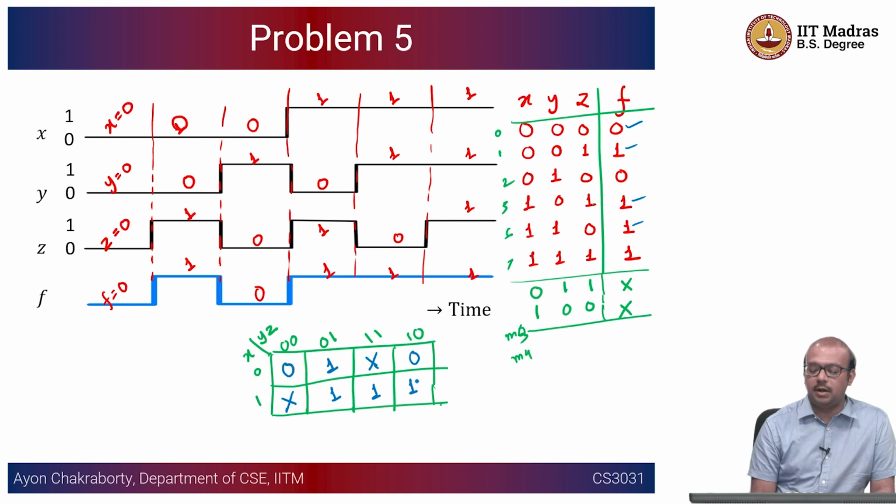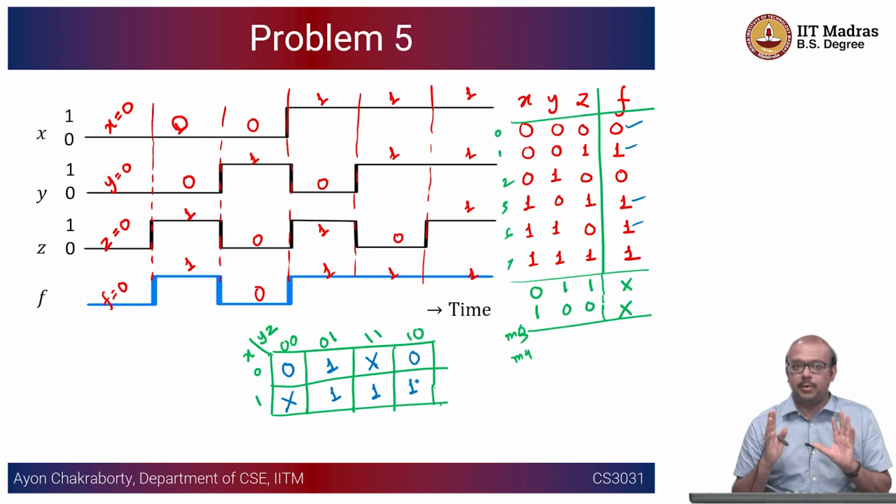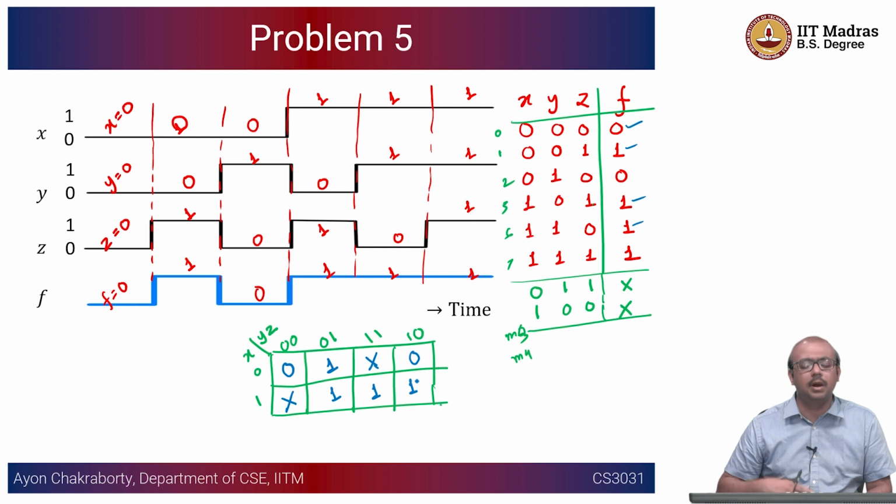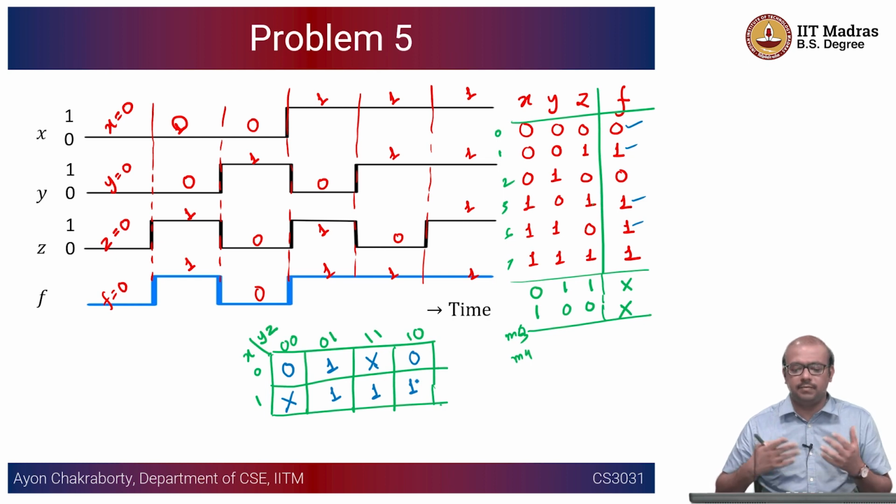If you did not have these don't care conditions, you are going to have an insufficient timing diagram, and you will not be able to design the circuit, right? Because you do not have 2 entries in the truth table, or the person giving you the timing diagram may say that these are all the inputs that we are going to have, and you do not have any more combinations that you are expecting.